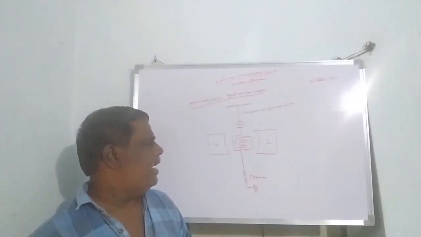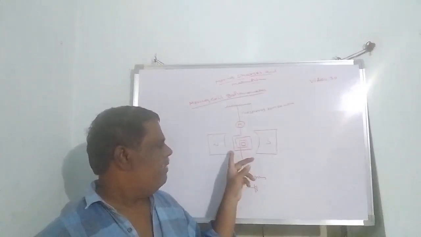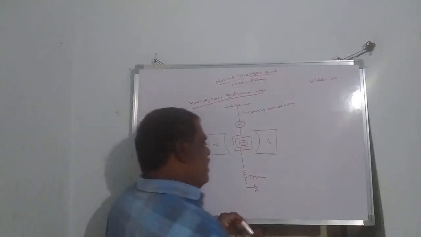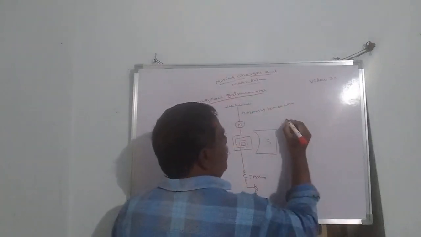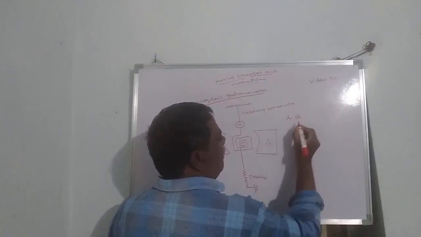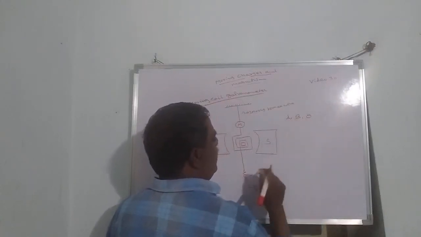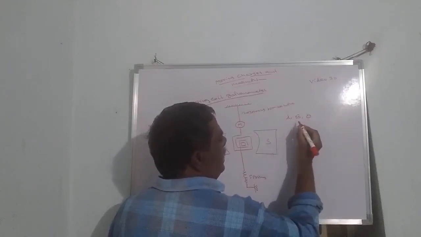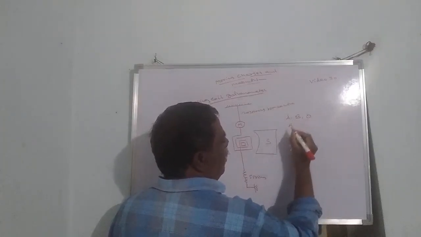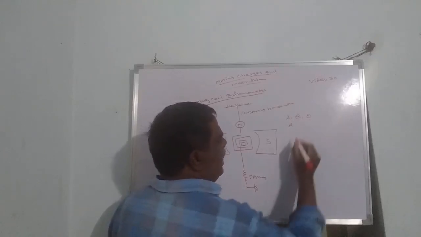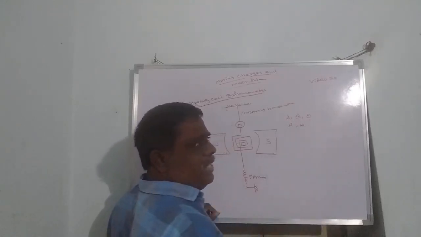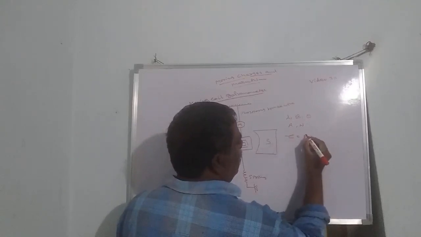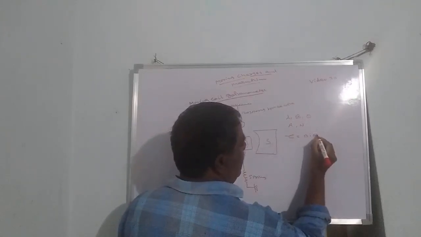When current I is passed, the important terms are: current I, magnetic field induction B, and deflection theta. The area of the coil is denoted by A and the number of turns by N. The deflecting torque tau is equal to BIAN.